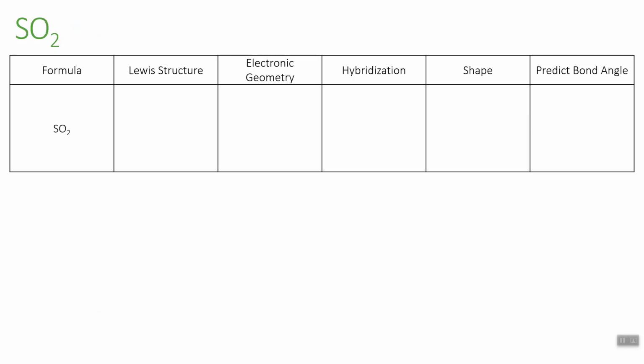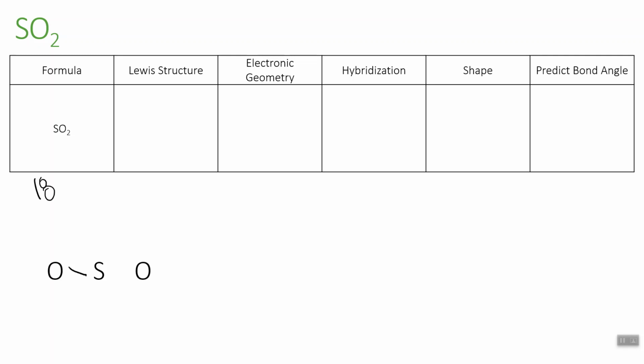So the next structure that we have is SO2. Sulfur is going to be my central atom. Keep in mind, sulfur has access to the third energy level, so it can hold more than an octet of electrons. Sulfur has 6 valence electrons, and oxygen also has 6. So that means that I've got a total of 18 electrons to play with.